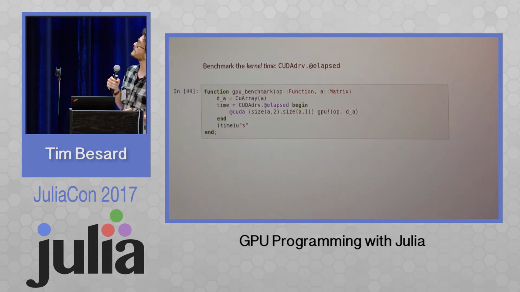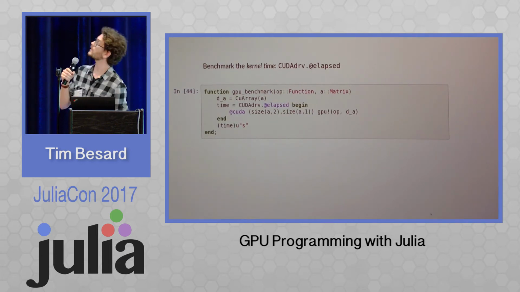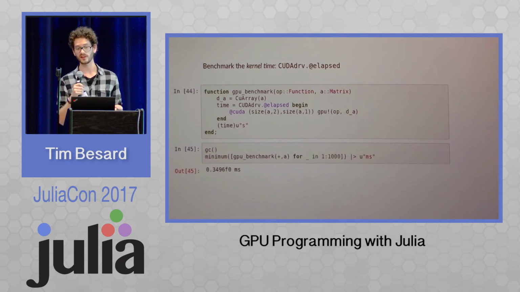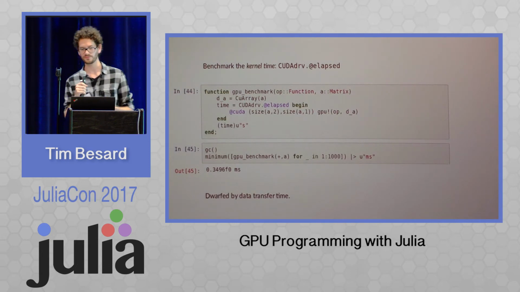If we were to benchmark this on the GPU and only on the GPU by inserting CUDA events, as I do in here using CUDAdrv.@elapsed, which is similar to Base.@elapsed, but in this case it's going to insert the proper timing events in the GPU command queue, we can see that it only takes 0.34 milliseconds out of the 1.6 milliseconds it takes to run the entire algorithm, which means that there's a lot of overhead transferring arguments back and forth. So that's why it's always interesting to keep as much of the computation on the GPU as possible.